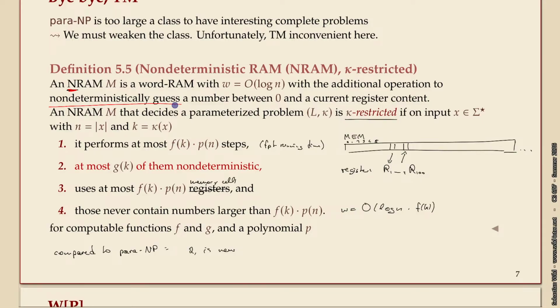And that turns out to be just an annoying model. You would have to somehow then translate that to allow a certain number of steps, which should somehow be able to depend polynomially on the input size and arbitrarily on the parameter. It gets very messy. And here is easier because you say the non-deterministic step is a little more powerful. It's allowed to guess a number that is unbounded in general. You can restrict it harsher on how many of those you do.